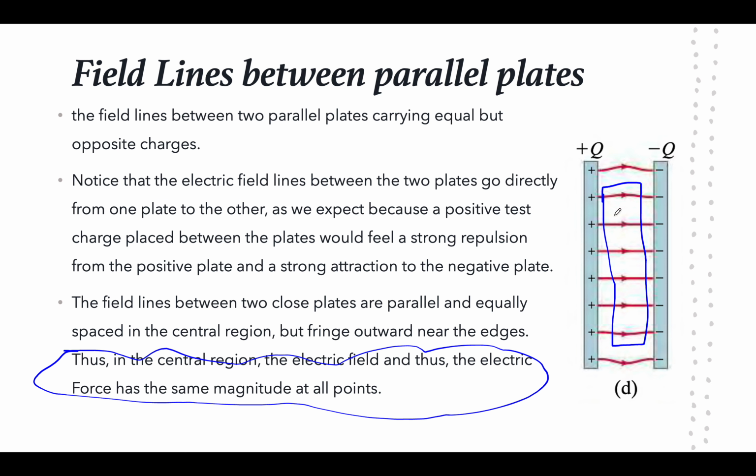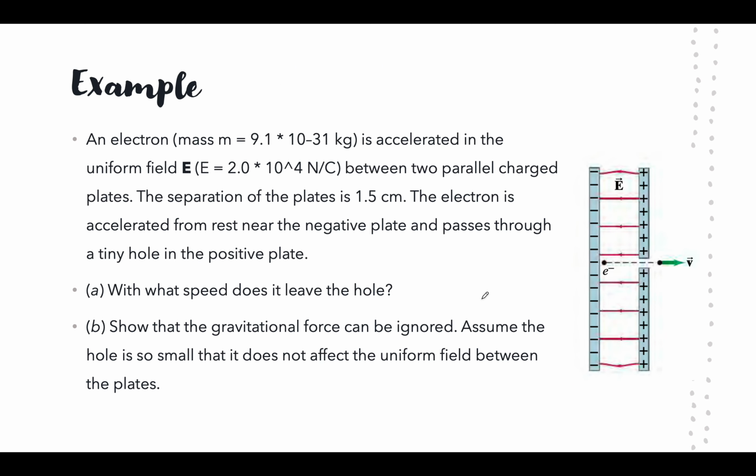So any charge placed here will feel a constant force from one plate to the next. As long as we stay away from the edges, everywhere in between the plates, a charge will feel a constant force, which is very useful to solve this next example.